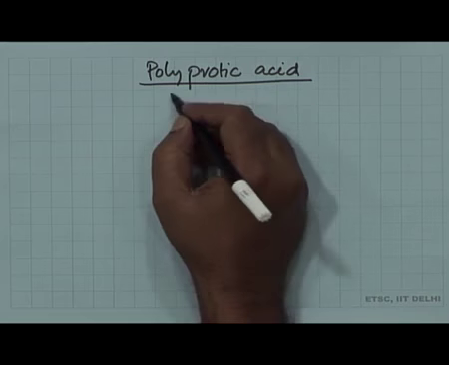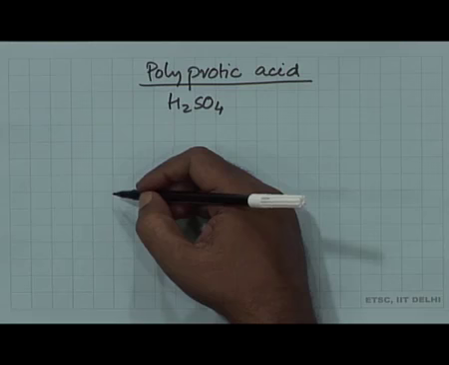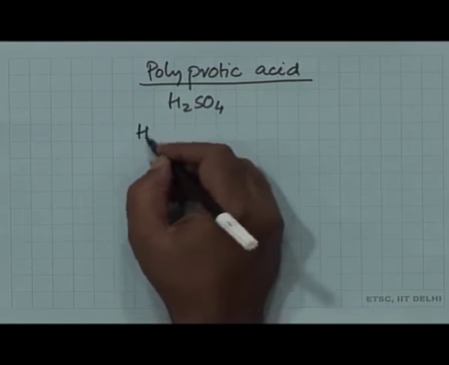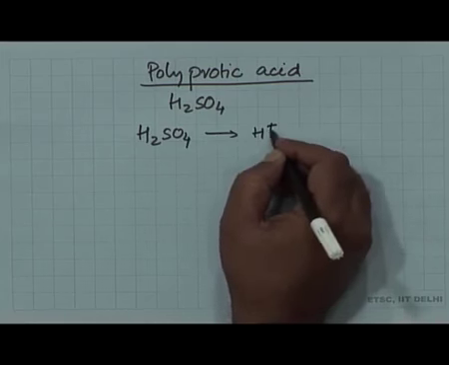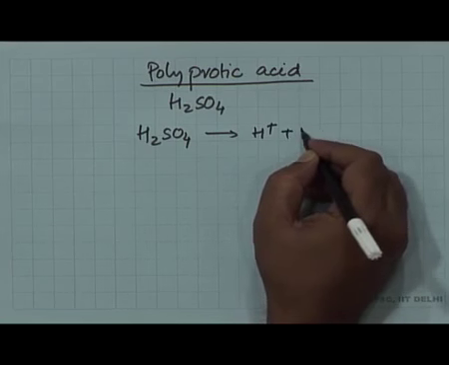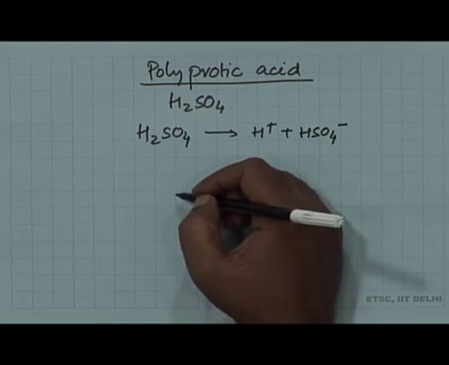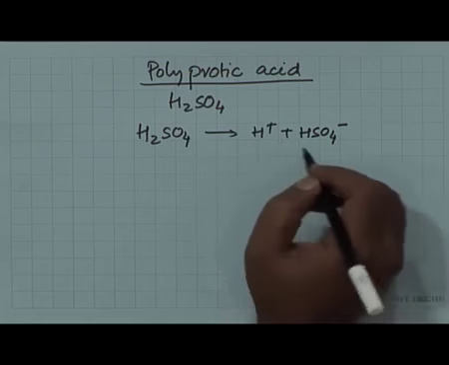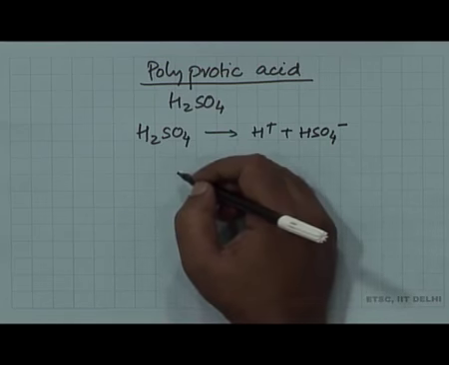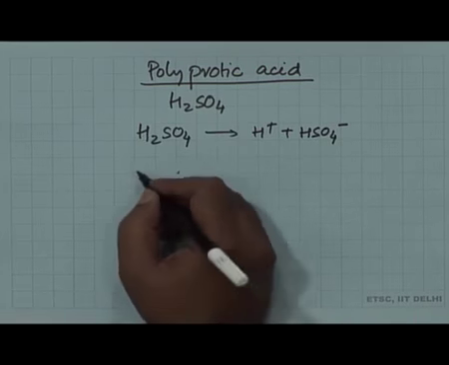For example, H2SO4. Now, this polyprotic acid, the first step can be very... So, first dissociation is almost irreversible, or the K value will be very large.